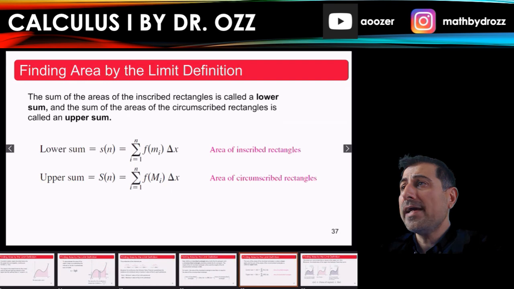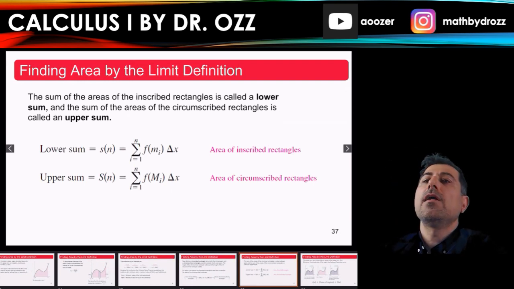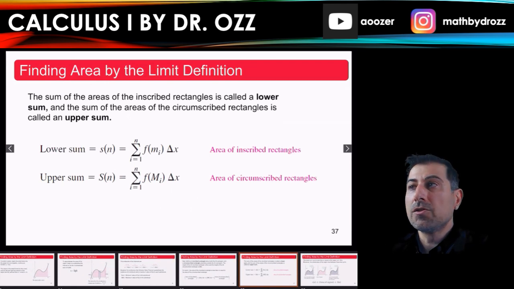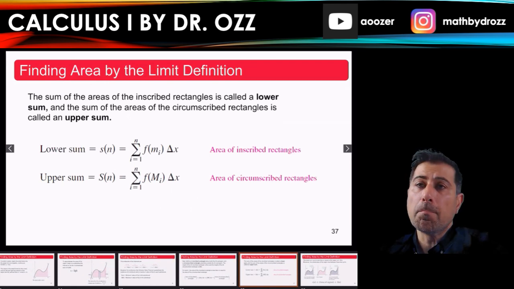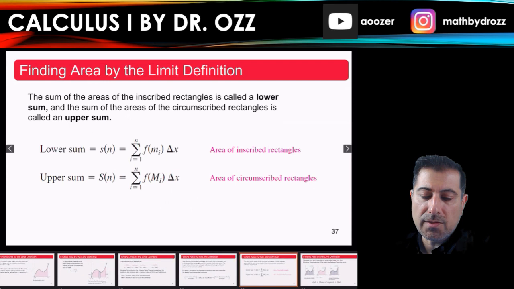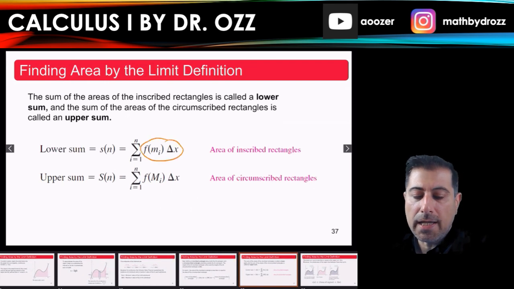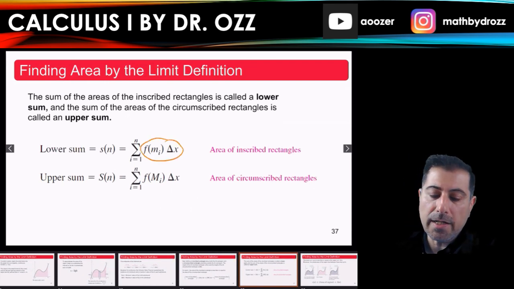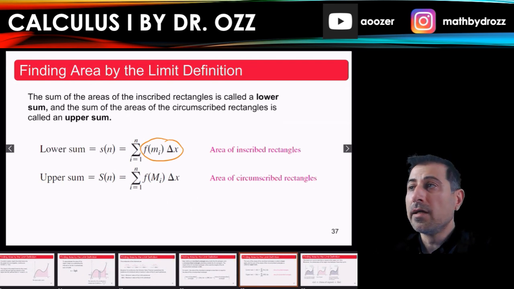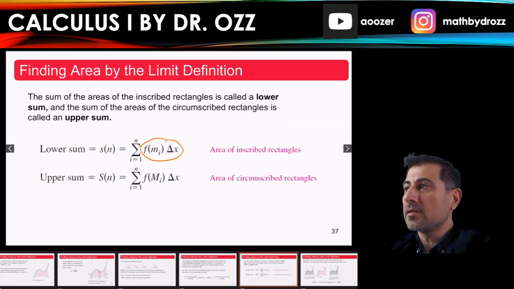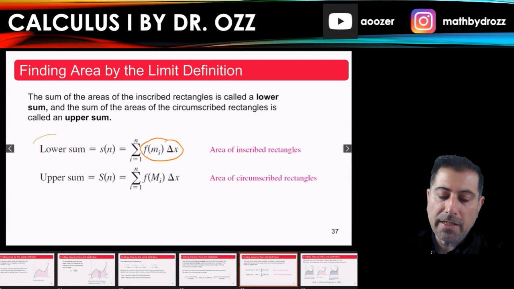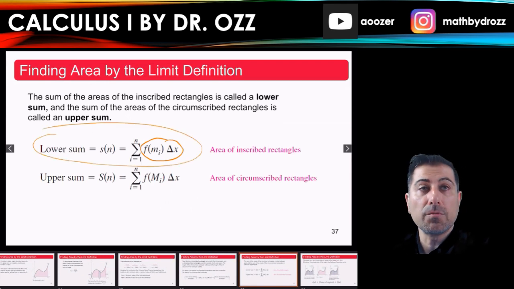And since we have n subintervals, we have n inscribed and n circumscribed rectangles. So we're going to take the sum. Well, this is the area of the ith inscribed rectangle, so i runs from 1 to n. So I can write the area of the inscribed rectangles as the sum, and I call this sum the lower sum, and represent it by little s of n.